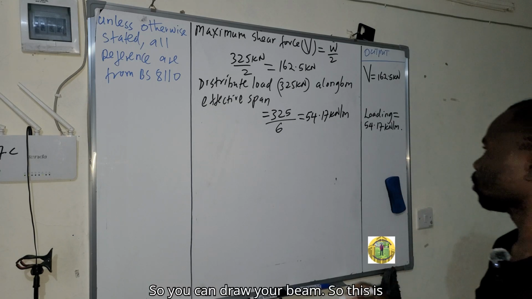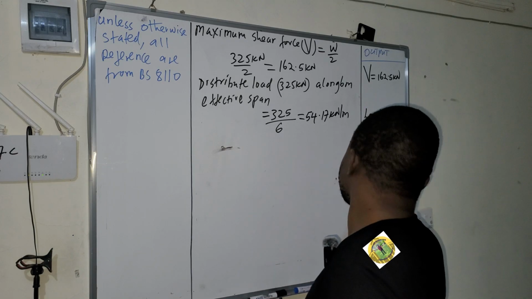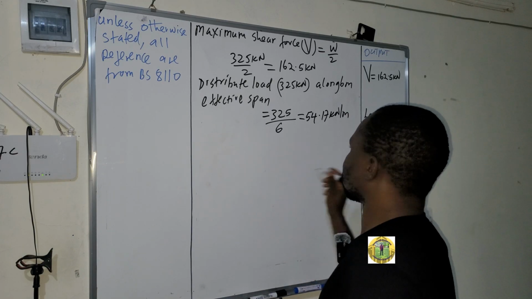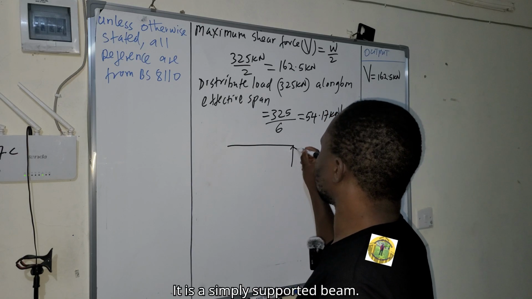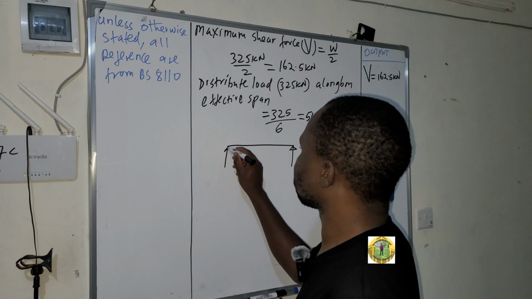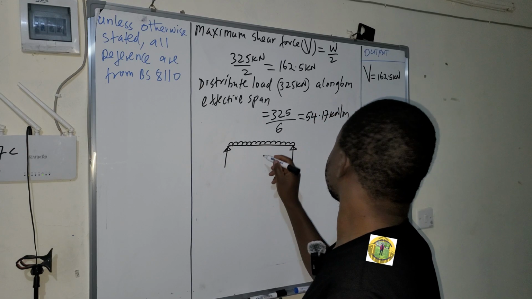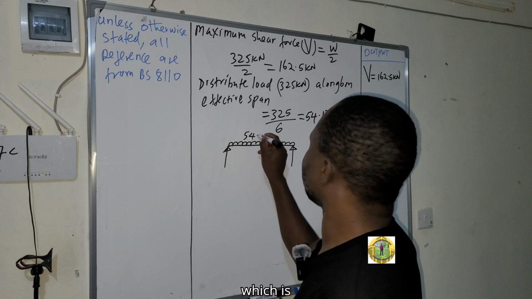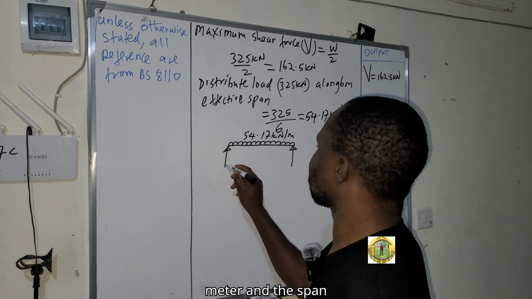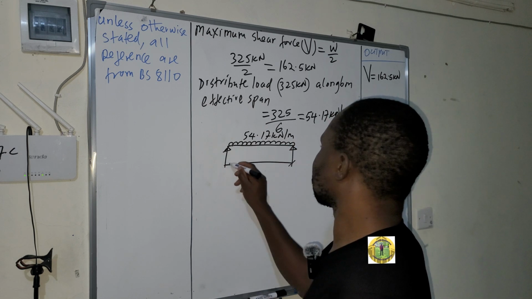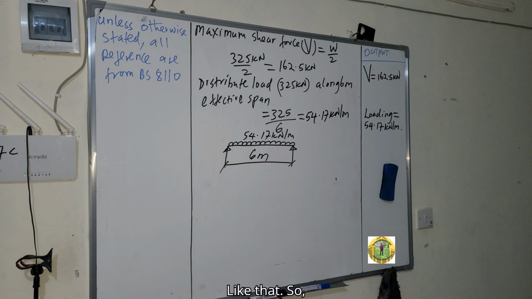So you can draw your beam. It is a simply supported beam. So that is the loading, which is 54.17 kilonewton per meter, and the span is 6 meters, like that.